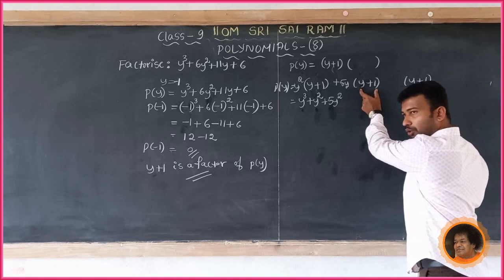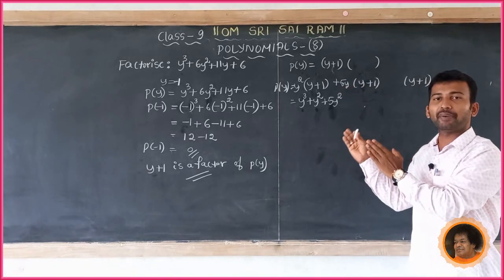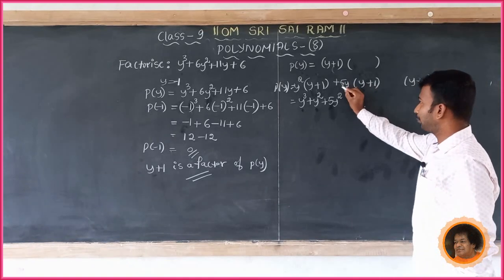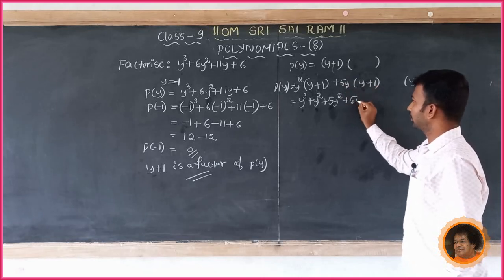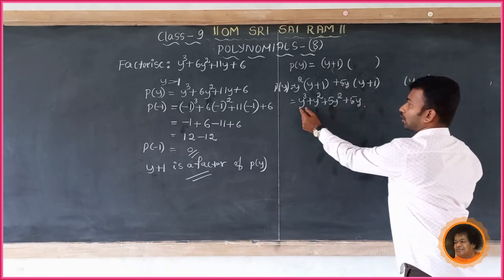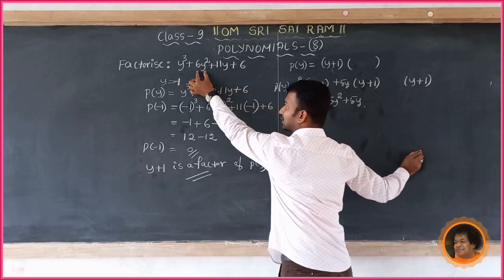Y plus 1 is a binomial and 5y is a monomial, so we have a monomial into binomial multiplication here. Now, multiply plus 5y into 1 gives plus 5y. Y cube, y square plus 5y square, 6y square.